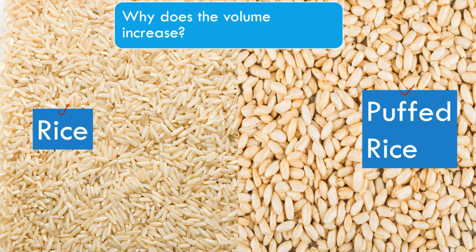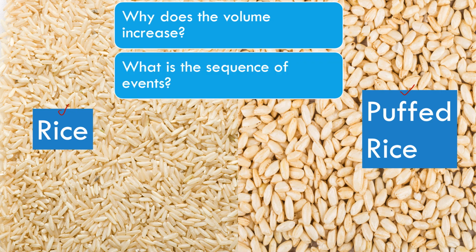Is it just we heat up something and like most things expand when heated, the rice just expands? Is it just that? Or is it more? Or is there a sequence of events? What is the sequence of physics that could be happening?